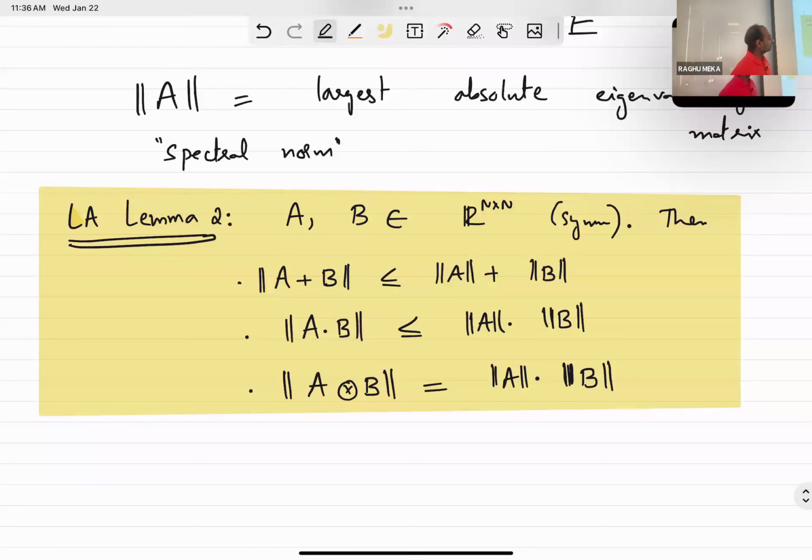The last one is easier to prove than the first two, even though it seems trickier, because the eigenvalues of A tensor B are just the products of the eigenvalues of A and B. So you know the exact formula. These two require a bit of work, but we're not going to prove them. We're just going to use these facts from linear algebra.